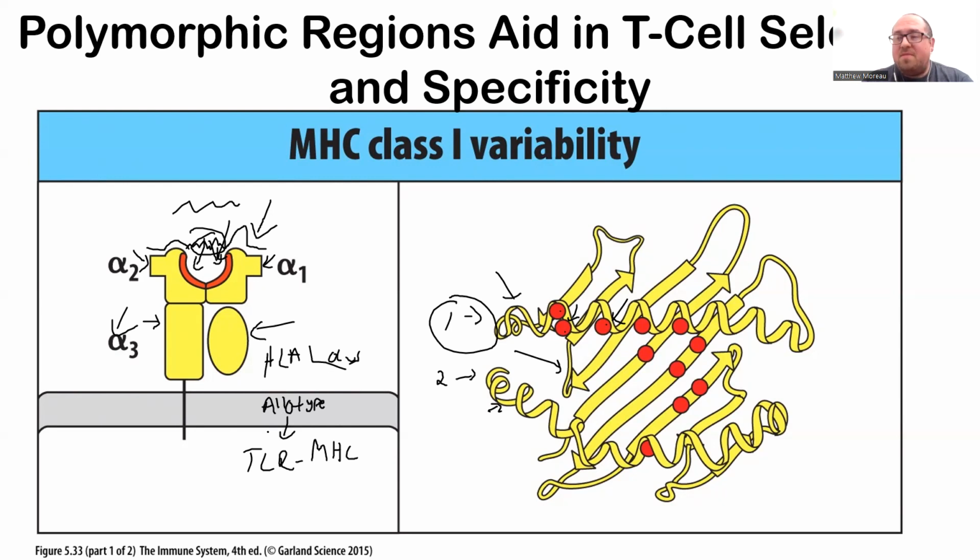And then comes the specificity of the T cell receptor variable region in its ability to recognize the variable region of the MHC molecule, which would house the epitope.